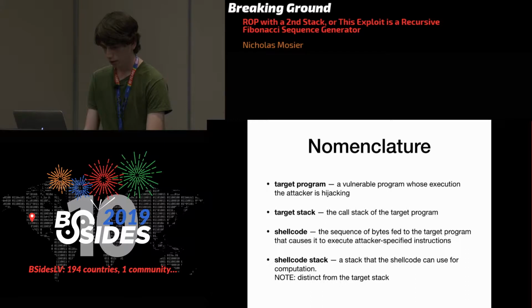And the shellcode stack is the only new concept here. However, it's not that much different from the target stack. It's to the shellcode what the target stack is to the target program. Again, the shellcode stack is used for recording the execution state of the shellcode.